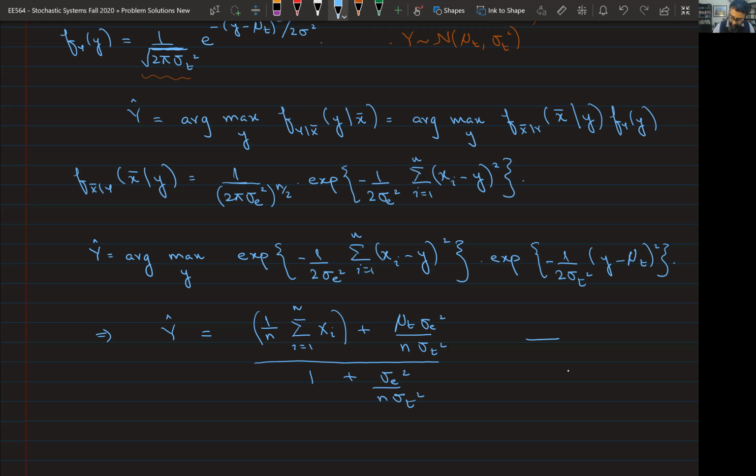So let's say this is equation number 1, which was the solution to the MAP optimization problem.